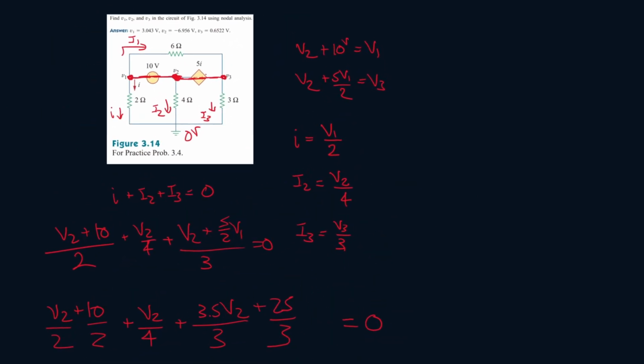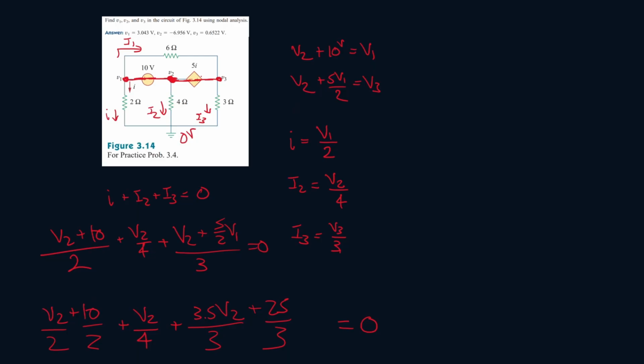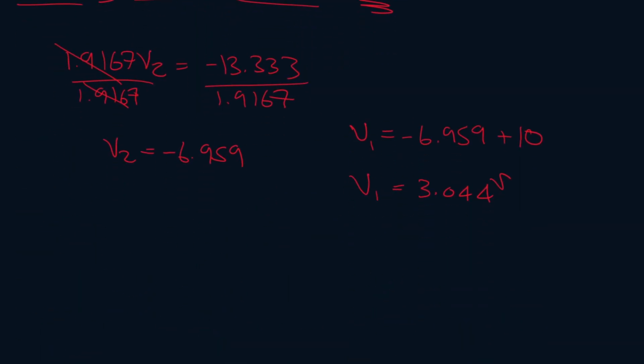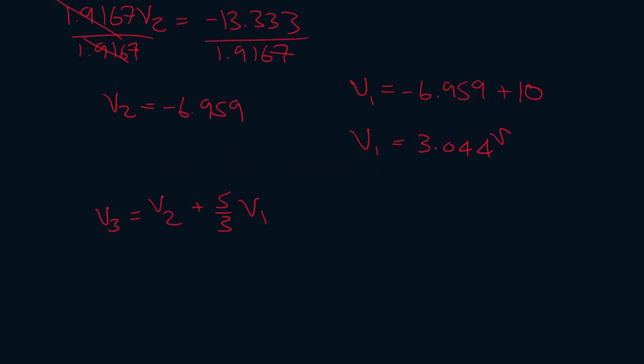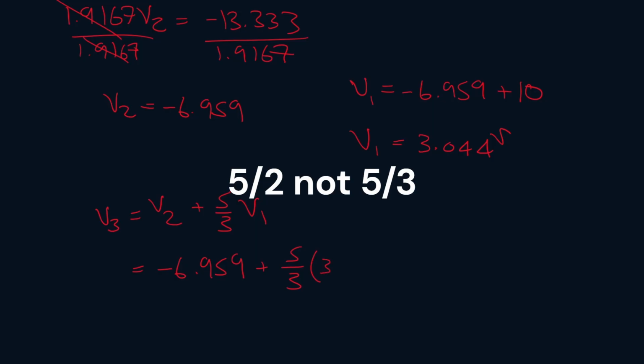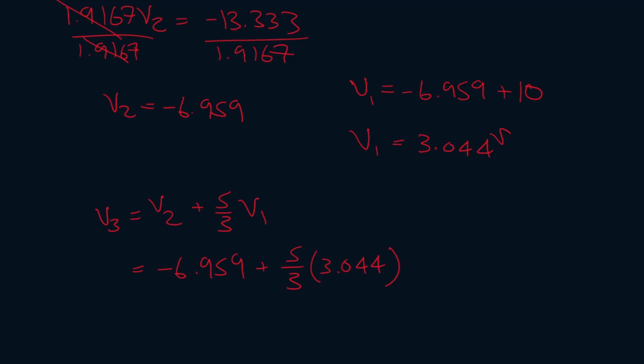Now let's solve for V3. So it's V2 plus 5 over 2 V1. V3 is equal to V2 plus 5 over 3 V1. So it's minus 6.959 plus 5 over 3 times 3.044. And if you put all of that into your calculator, you get 0.652 volts. So those are your final answers.